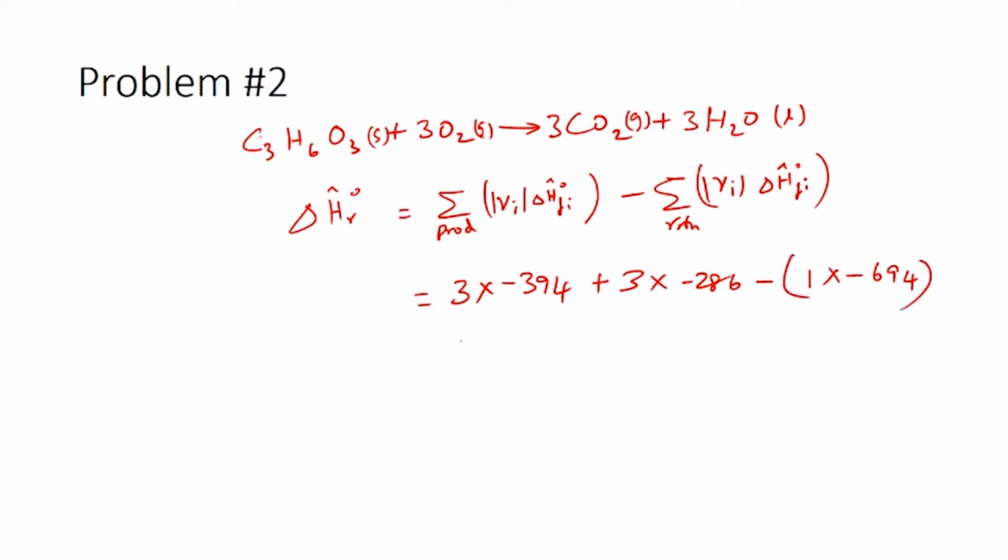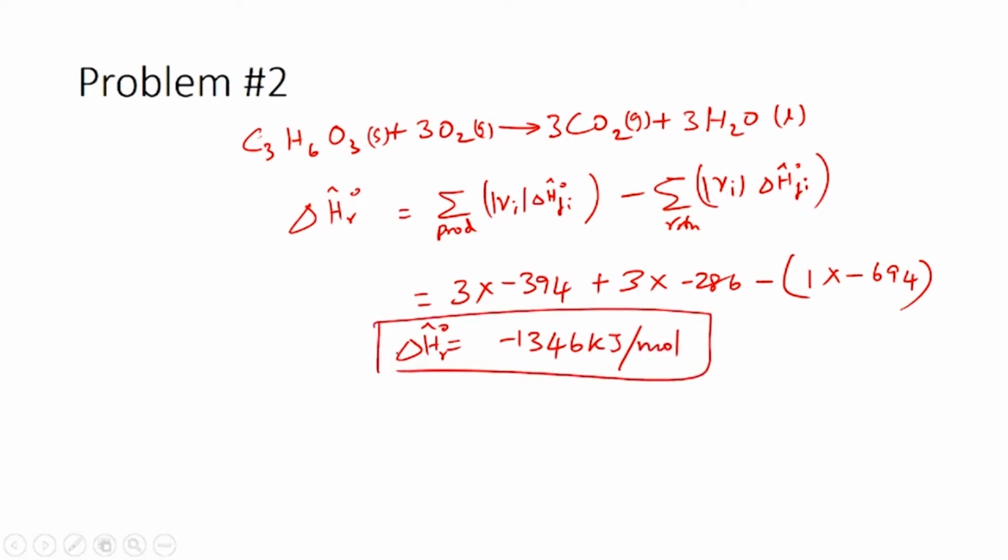This would give us the heat of reaction as minus 1346 kilojoules per mole. This would be the heat of combustion for lactic acid if it were producing liquid water.